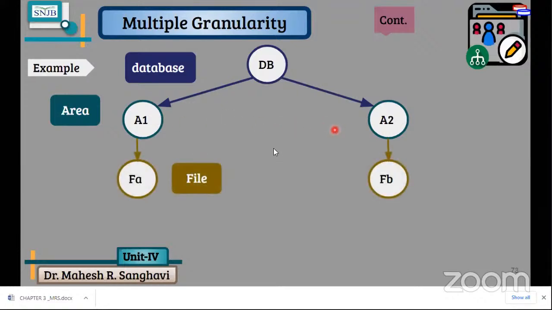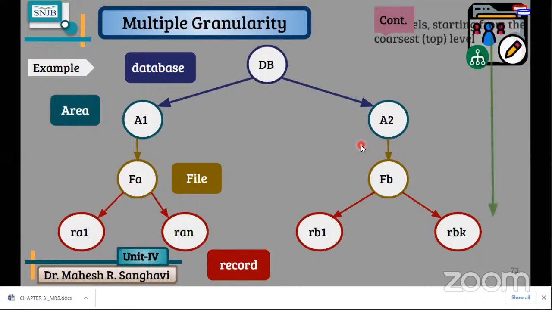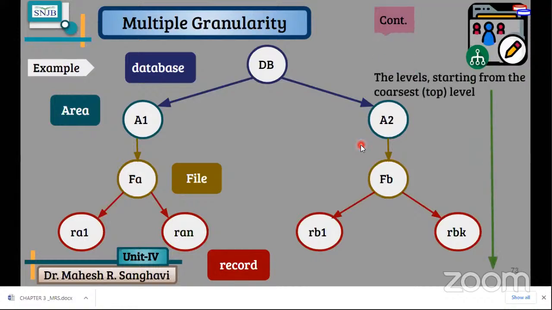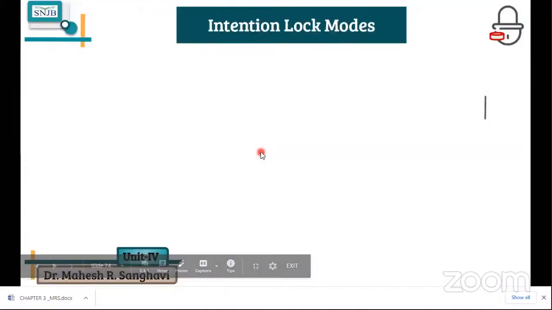In area, again, there are subnodes or subtrees, that is files, FA and FB, and in files we have records, that may be RA1 to RAN and RB1 to RBK. This way we understand that when we go with a top to bottom approach, normally we use coarse granularity, and when we go from bottom to top, that indicates we are going for fine granularity.